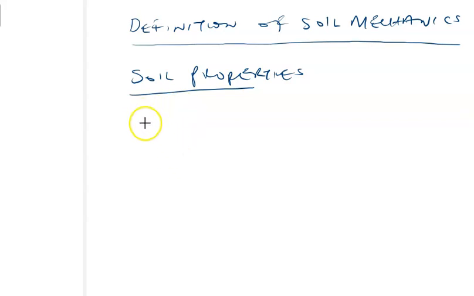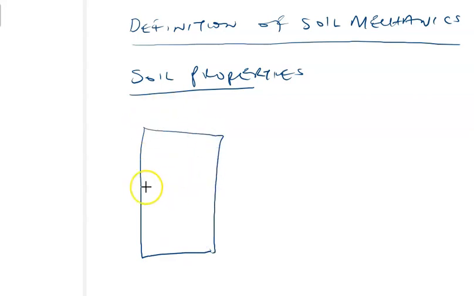When we have a soil mass, this is the total mass of soil, and we expect that it should have solid particles.